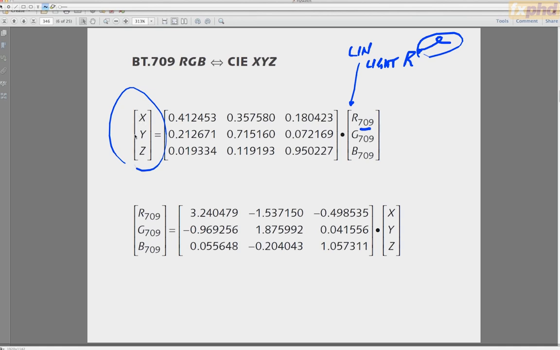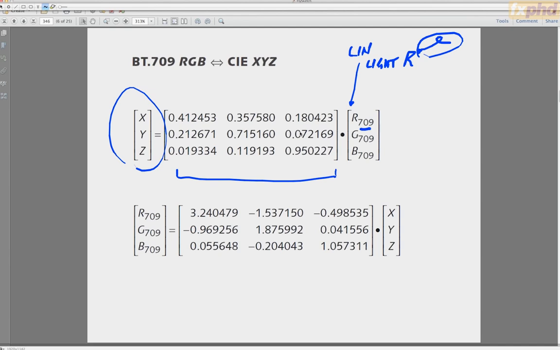Because this big X, big Y, big Z is the mathematical space that links all of the other spaces together. So the way to get from RGB to big X, big Y, big Z is through a matrix. And we're going to learn today how to make that matrix.